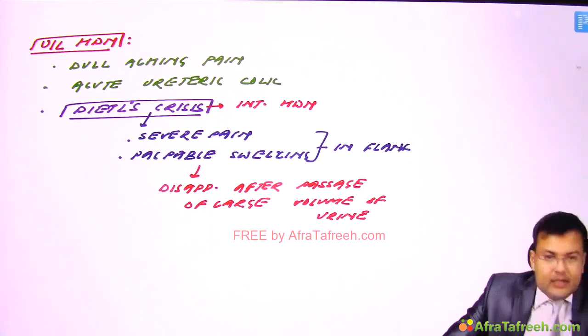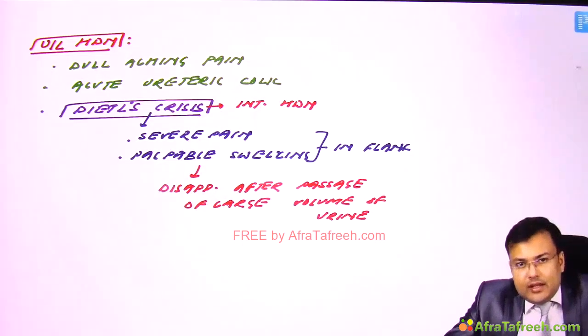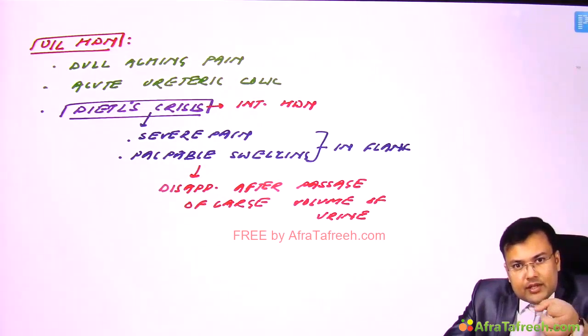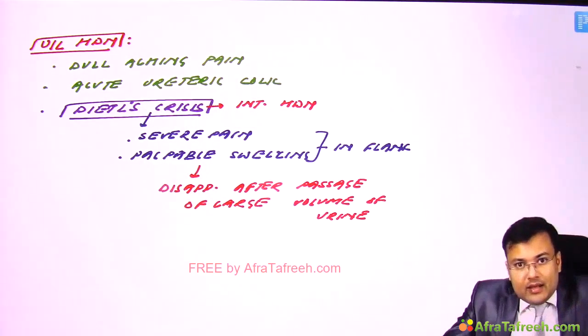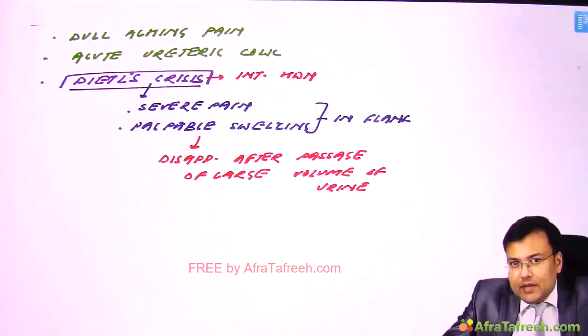Generally in unilateral hydronephrosis, since the other kidney is functioning, these patients do not have signs and symptoms of renal failure. But what happens in bilateral hydronephrosis? Generally the obstruction is beyond the bladder neck, and since both kidneys are involved, these patients might have signs and symptoms of renal failure in advanced cases.